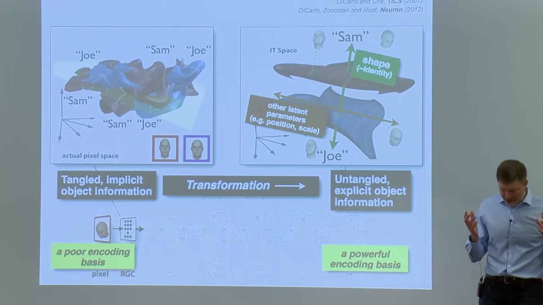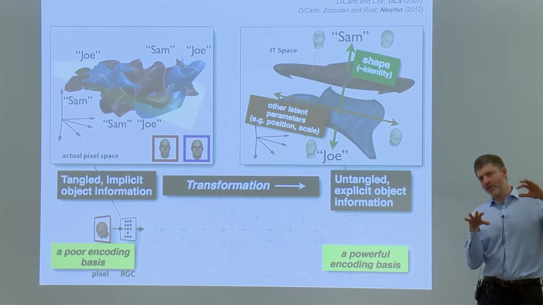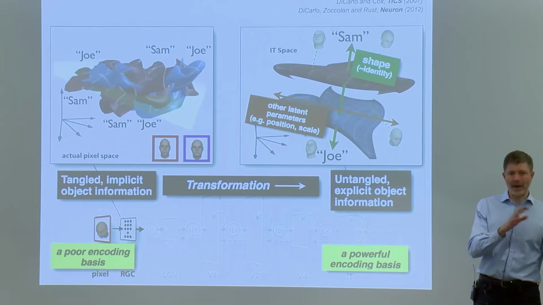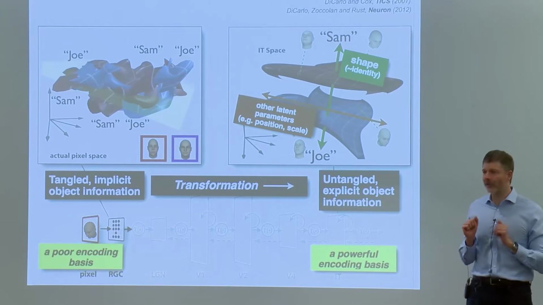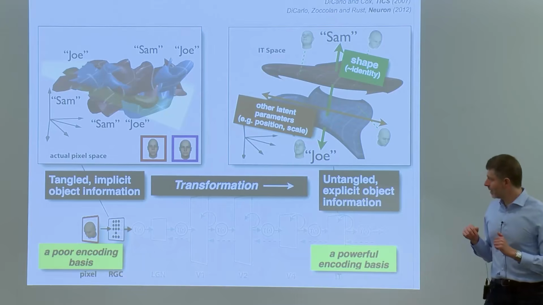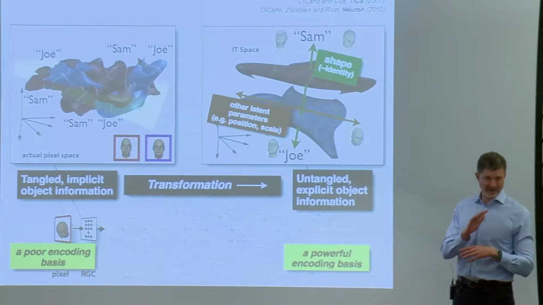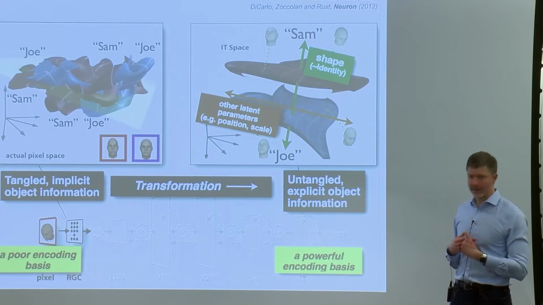This is the notion of making something explicit: you make it easy to read off from the neural population or some other kind of representation. Easy to read off is typically instantiated as being able to use a very simple classifier, and a linear classifier is kind of the simplest type of classifier, and being able to extract that information. Okay, so that's the notion of something being explicit.